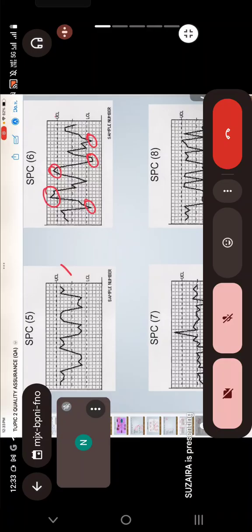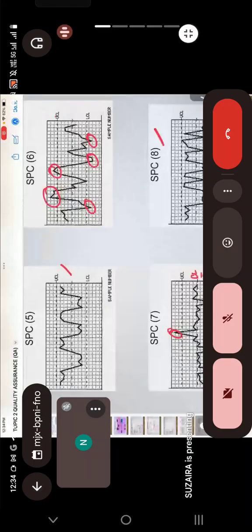And this one is similar, just for a few points. After some time you have this, but the rest is actually good because it's near the CL.